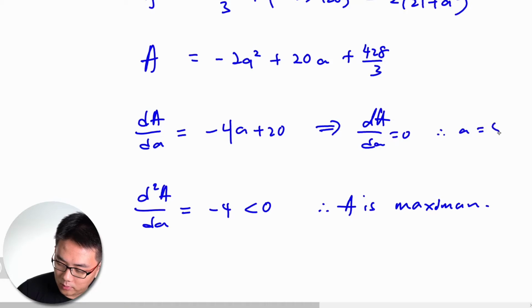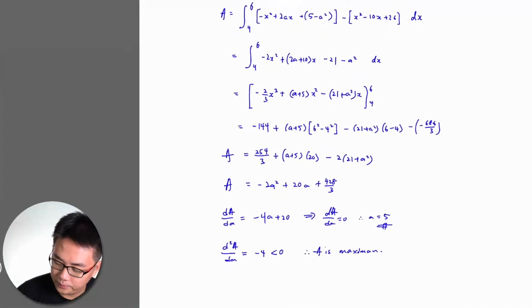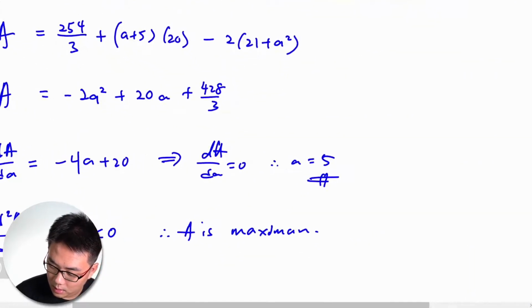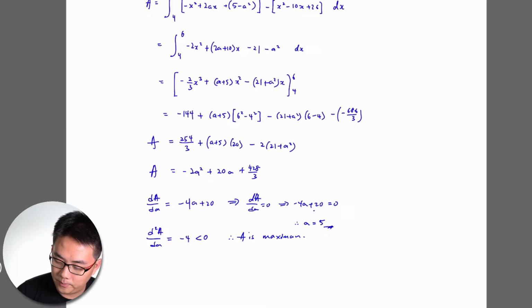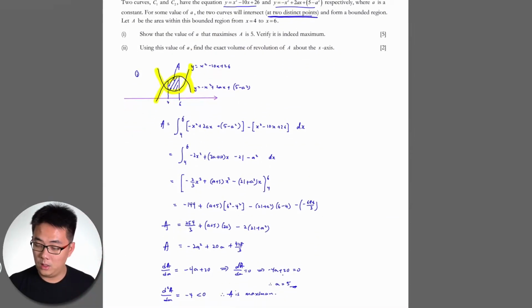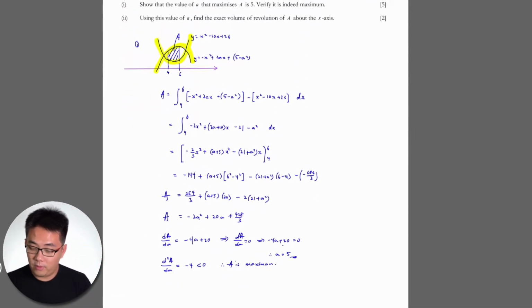A is equals to 5. There you go. Yeah, you could just write this as minus 4a plus 20 equals 0. That's all you need to know. So that's it. That's how we verify it.